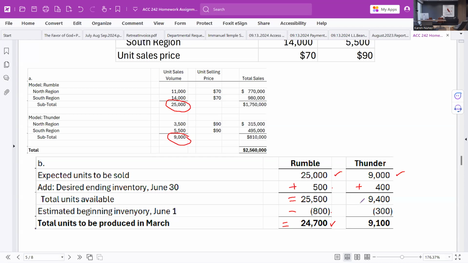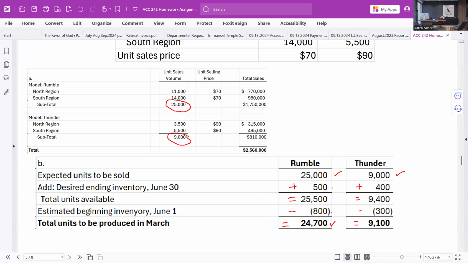So we need to have 9,400 available, but we're starting with 300, so we only need to produce 9,100 units of that Thunder product. This exercise gives us a chance to look at two integrated pieces: the sales budget feeds the production budget.